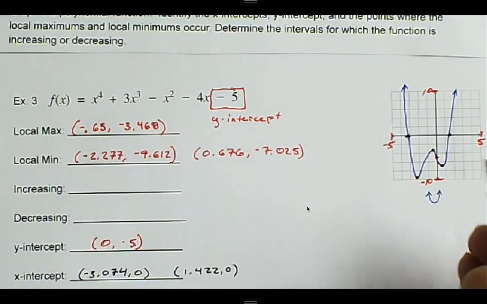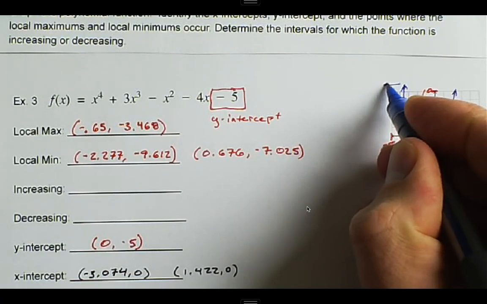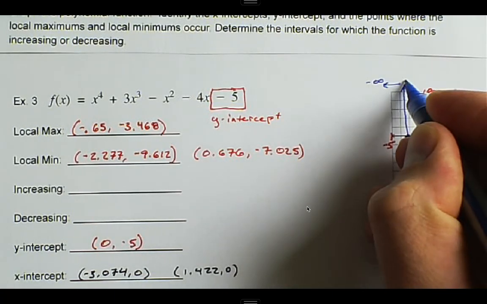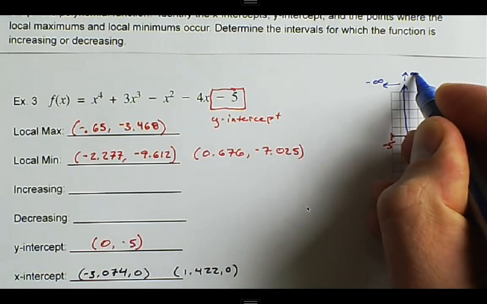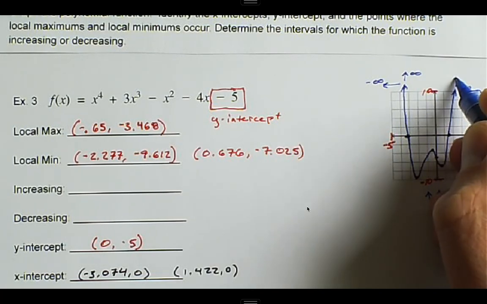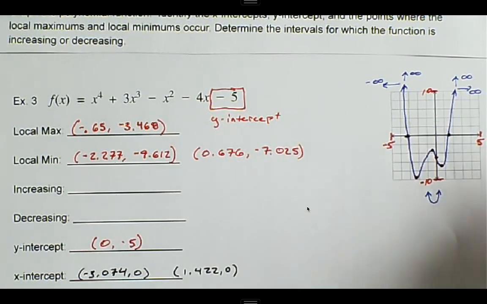In this case, we know that as x goes to negative infinity, the y value is going to go to positive infinity. And as x goes to positive infinity, our y value also goes to positive infinity.